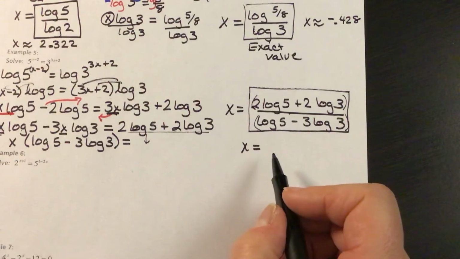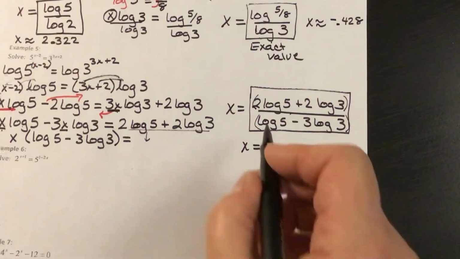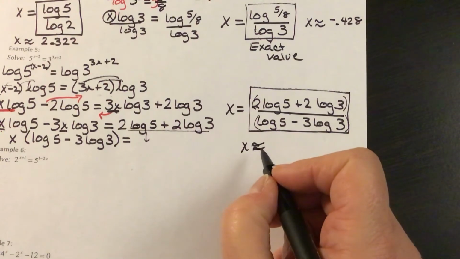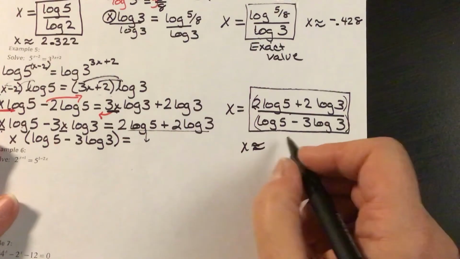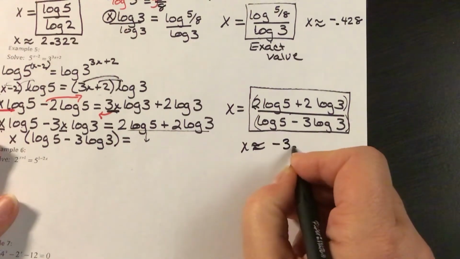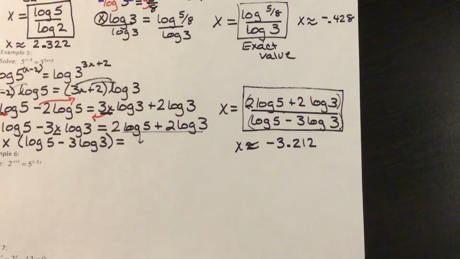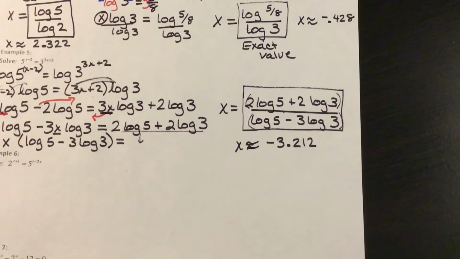And when you do that calculation, you will have x is approximately equal to negative 3.212. Okay, a lot of steps on that one.